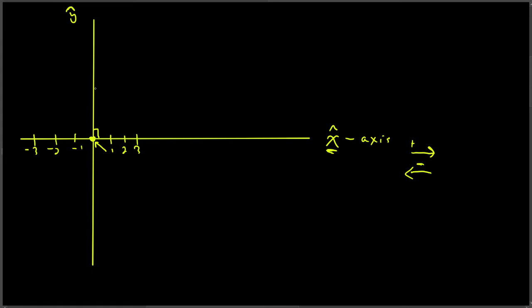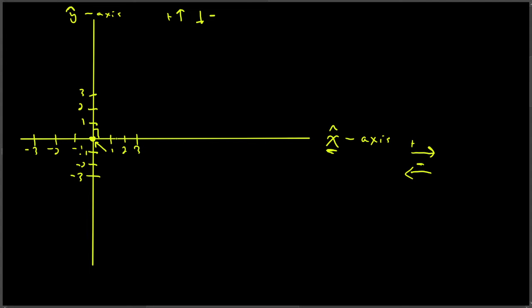But then connected another axis where for the y-axis, positive is up and negative values are down. So you get +1, +2, +3, and coming down -1, -2, -3.